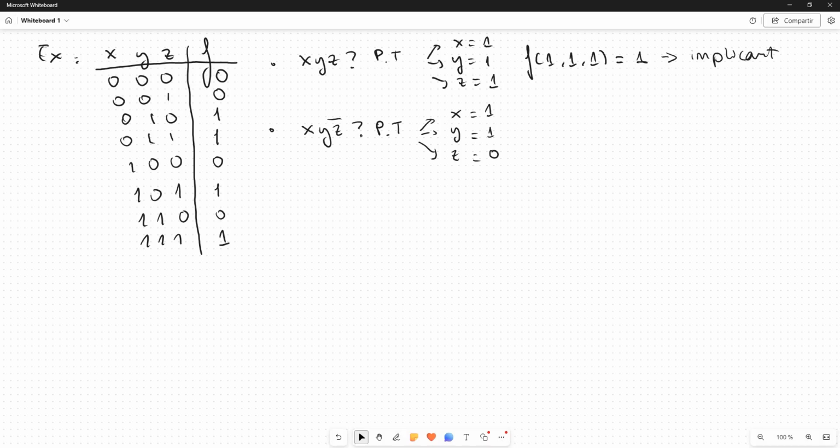Set has to be 0 because it's complemented, and complemented 0 is 1. So we check the function. We are here, and here the output is 0. So it's not an implicant.